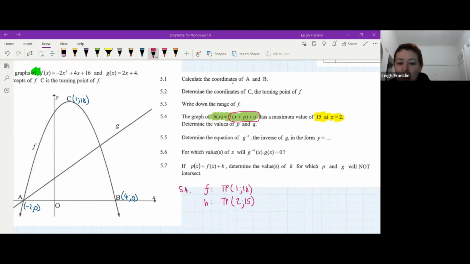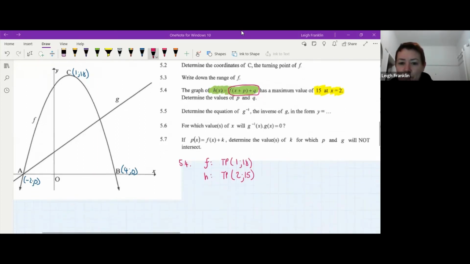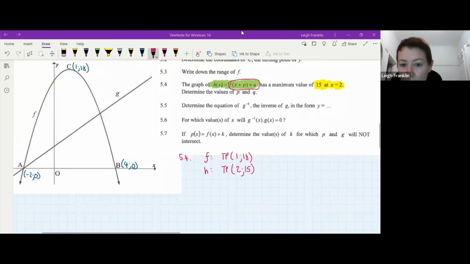I've shifted it 1 unit to the right, absolutely. And how many units up or down? Remember, I'm going from f to h. f is my starting point, h is my ending point. So I've shifted 1 to the right and down. How many down, Cassandra? 3 down.